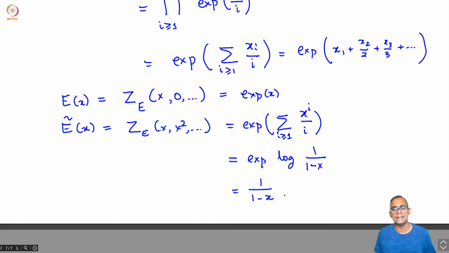Both are exactly as we expected, because we know that there's only one E structure on any set, and there's only one type of E structure on every set.